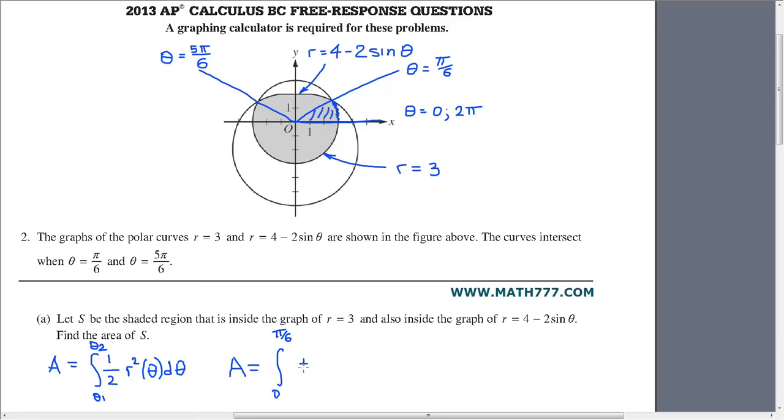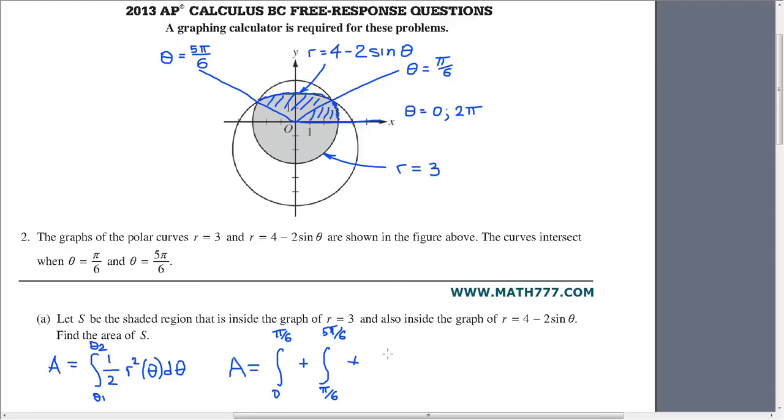Plus the second integral, which is integral from pi over 6 to 5 pi over 6. And in this case, 1/2 r squared d theta, where r is given by this function 4 minus 2 sine theta. And this is the area that we find in this second integral.